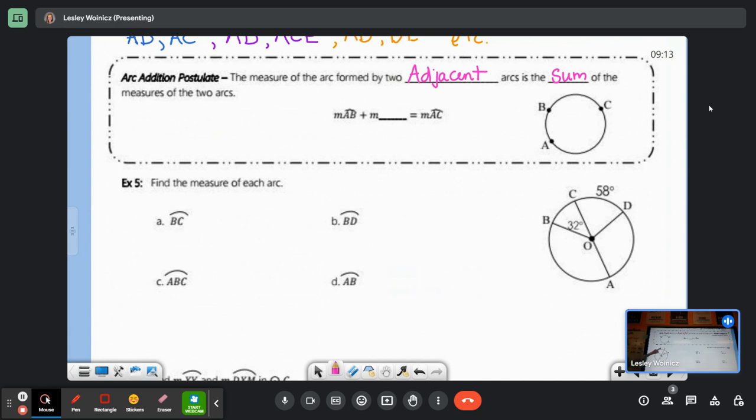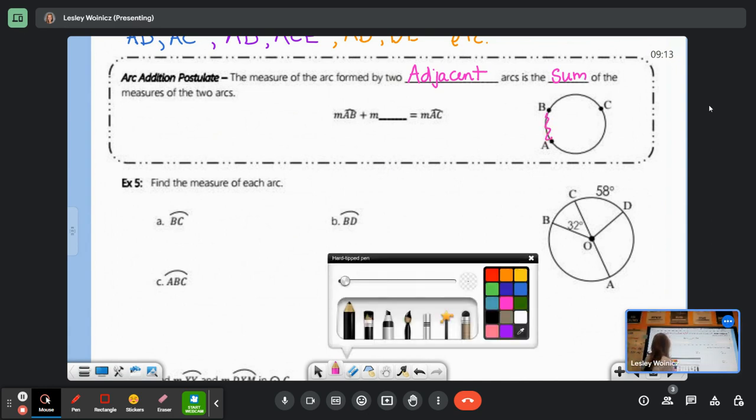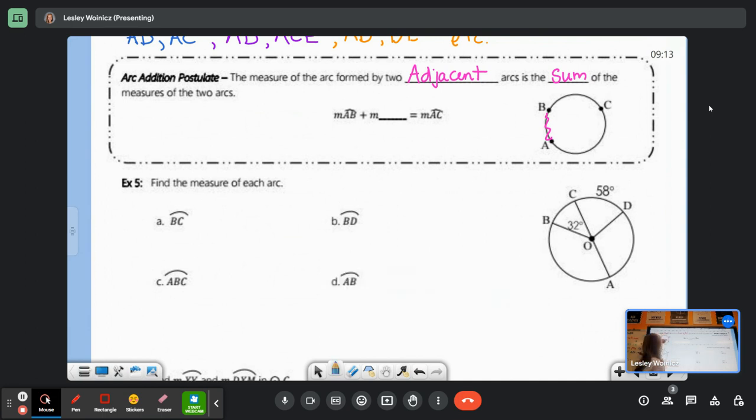So if I have the measure of arc AB, the measure of arc B plus what gives us AC? BC.